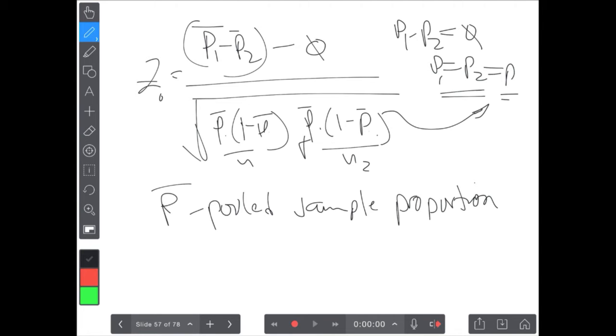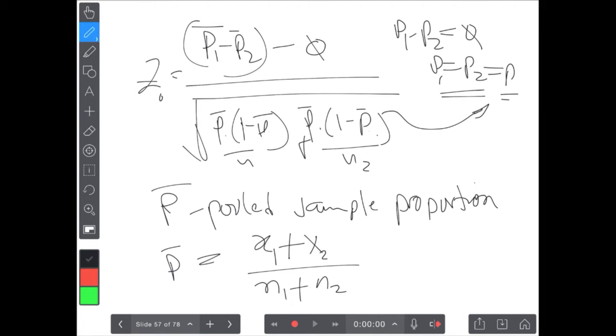Much like we had the pooled sample standard deviation. And we will calculate this pooled sample proportion by taking together the two samples that we got and combining them together. That's essentially what we will do. So in the end, we will take the observations from sample 1, let's call it x1, add it to the observations from sample 2, x2, and then divide by the total sample size, which is sample size 1 plus sample size 2.